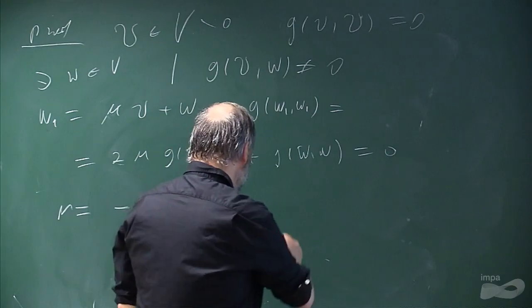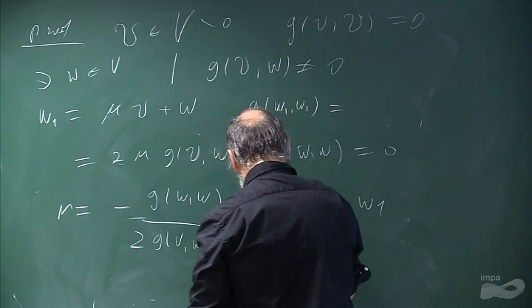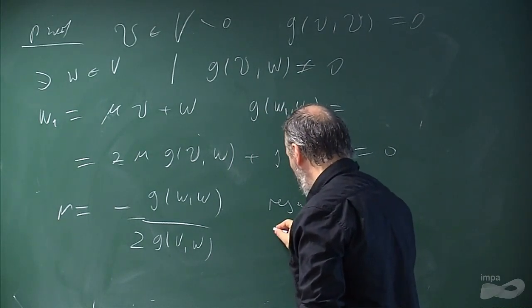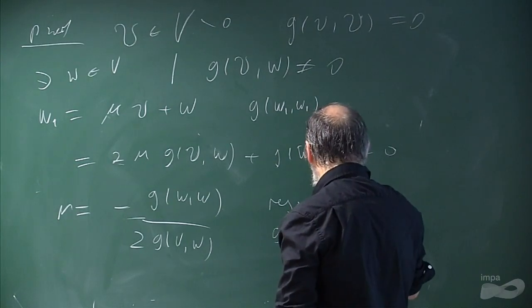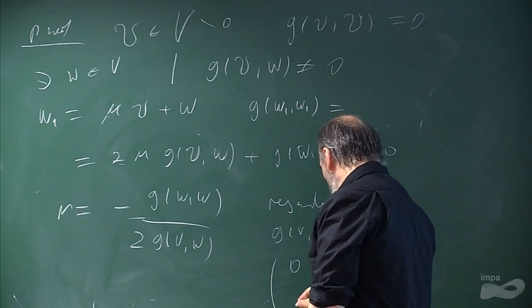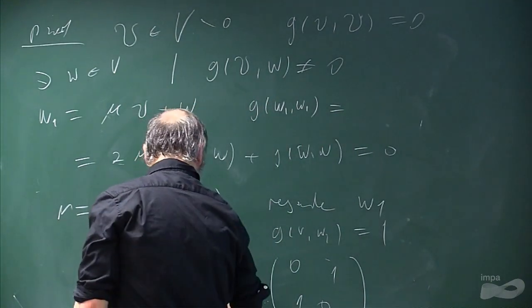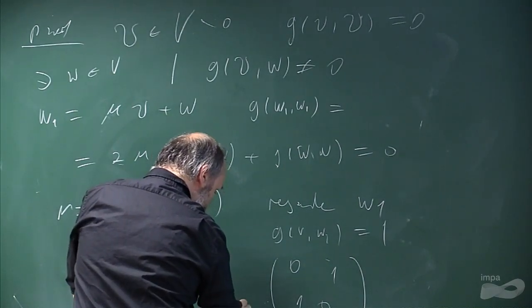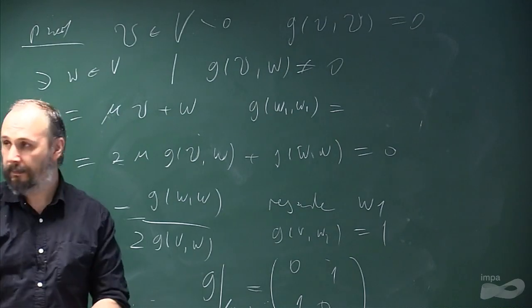And then I rescale w1 in such a way that g of vw1 is equal to 1. And I have this matrix 0, 1, 1, 0 for this quadratic form: g restricted to this space spanned by v, w is this matrix.